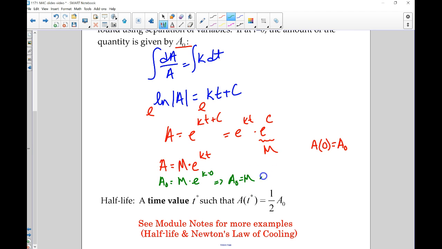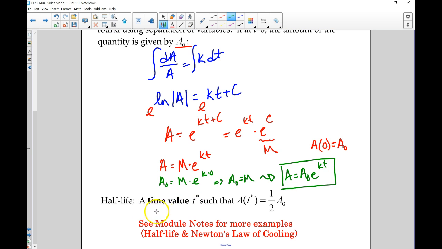And then from here I get the particular solution: A is equal to A naught e to the kt. And that is an equation that we've seen before when we were discussing exponential growth and decay.